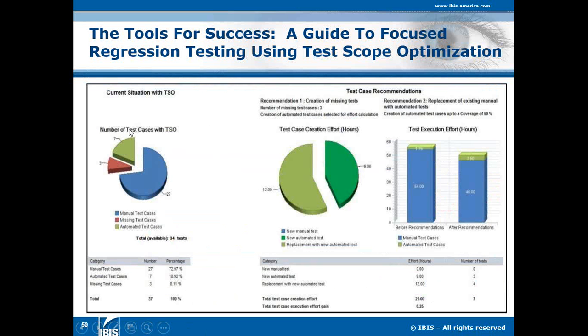Another view, again, we're seeing the number of test cases with test scope optimization, the manual test cases that are missing. We're doing an upgrade as an example. We don't have test cases for this particular area from EHP 5 to 7. You're going to have to create those. We see over here the new manual tests, the new automated tests, the replacement with new automated tests.